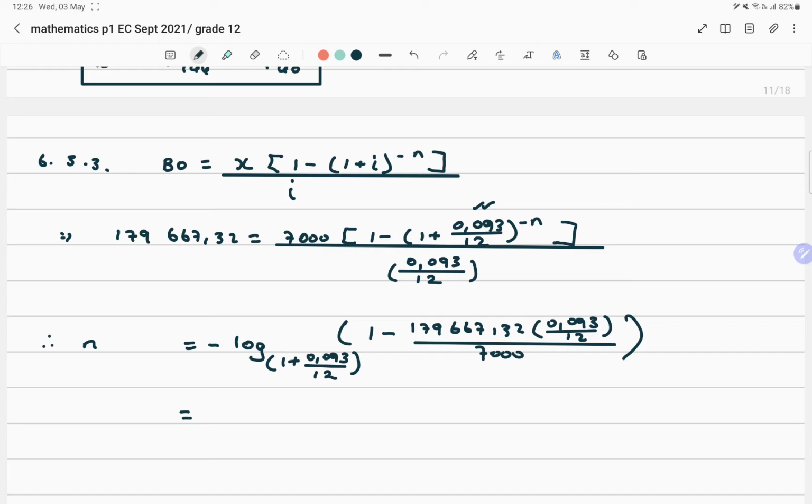So we've got here minus log. Now the base here is 1 plus 0,093. Like I said, these ones are annoying in that they are complicated. Okay, they are really complicated. 179,667.32 into 0,093 over 12.